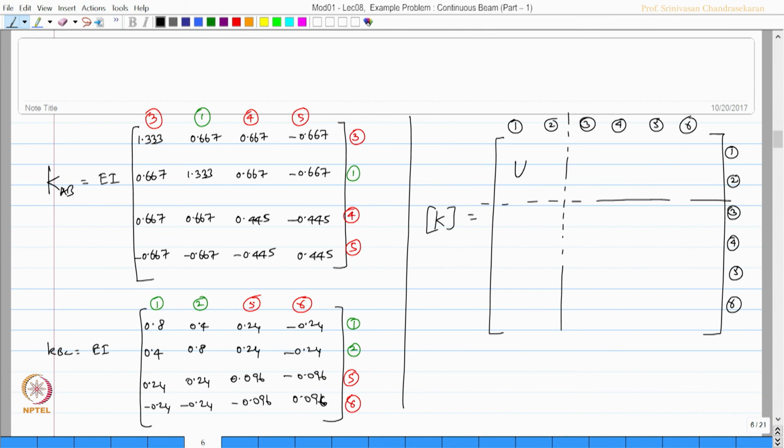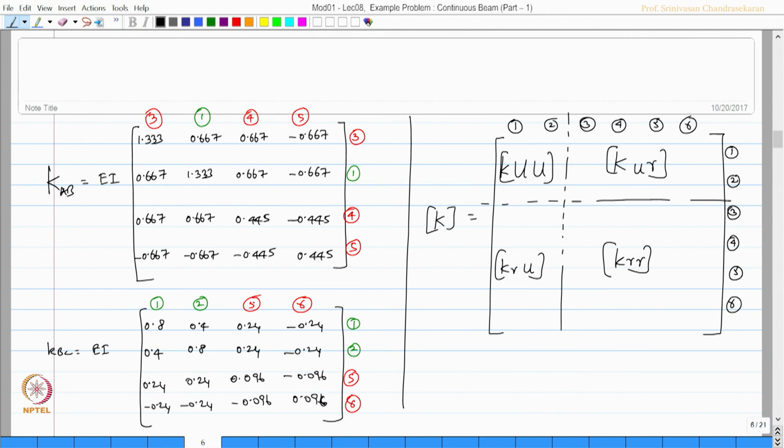So, this is unrestrained row, unrestrained column. I call this KUU. This is unrestrained row, restrained column. This is restrained row, unrestrained column. This is restrained row, restrained column.